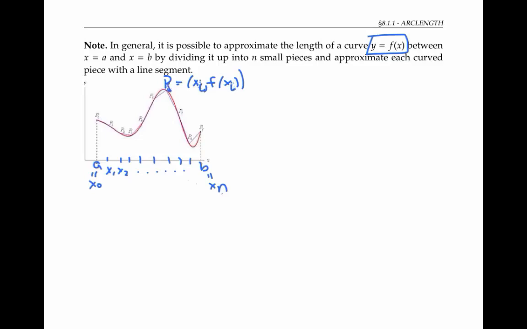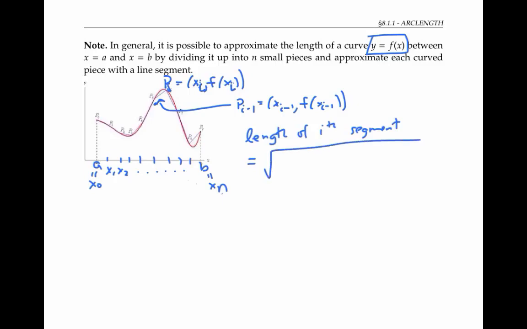The point before it is then p sub i minus 1. And the length of the ith segment is given by the distance between p sub i and p sub i minus 1. So that's the square root of x sub i minus x sub i minus 1 squared plus f of x sub i minus f of x sub i minus 1 squared, by the distance formula.